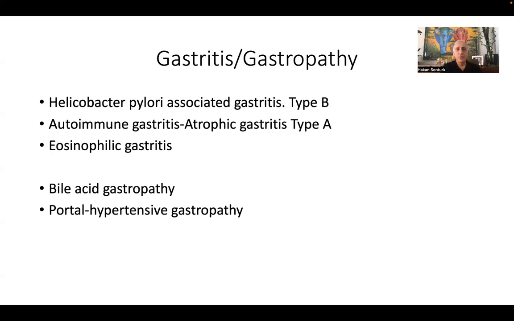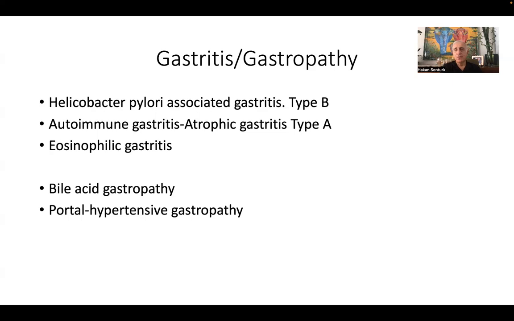In any type of atrophic gastritis, whether due to H. pylori or autoimmune gastritis, the risk of gastric carcinoma is increasing. In the course of atrophic gastritis, intestinal metaplasia is happening. So intestinal mucosa is replacing classical stomach mucosa.